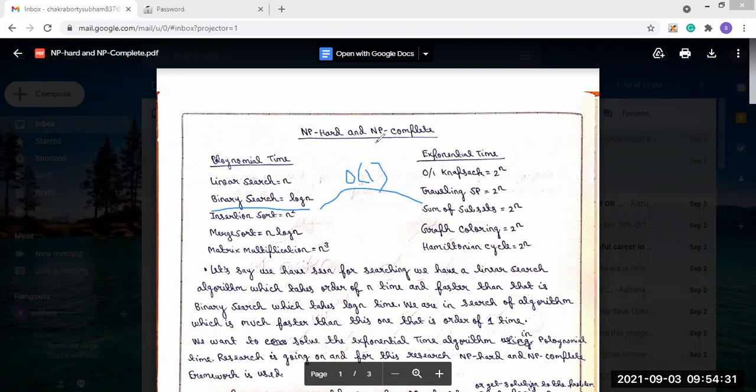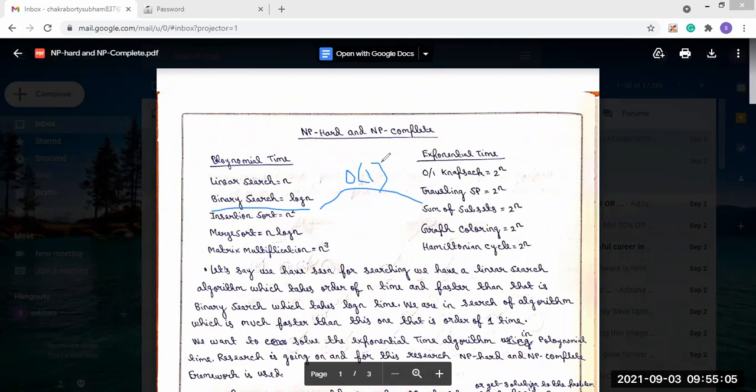The NP hard and NP complete framework is used for this research. There are two ways in which we move our research, based on two topics.